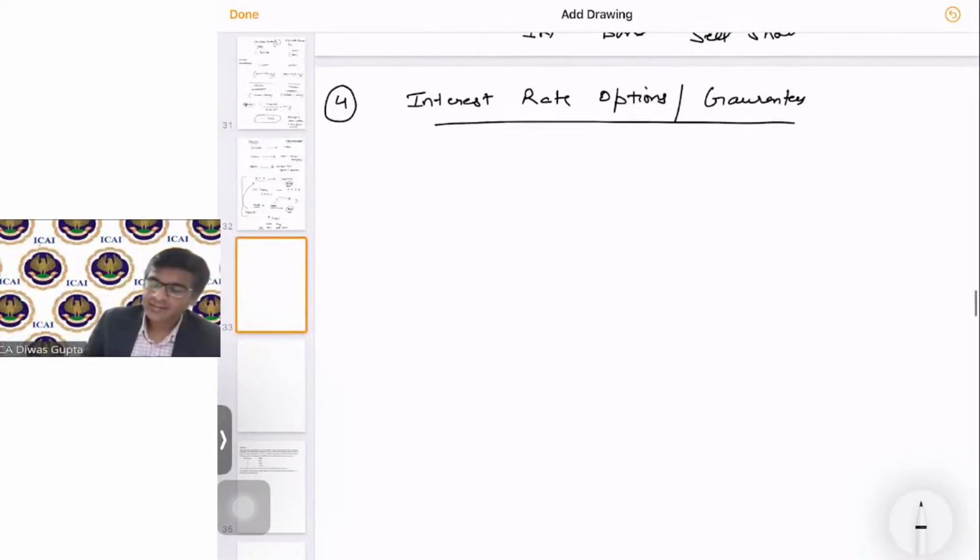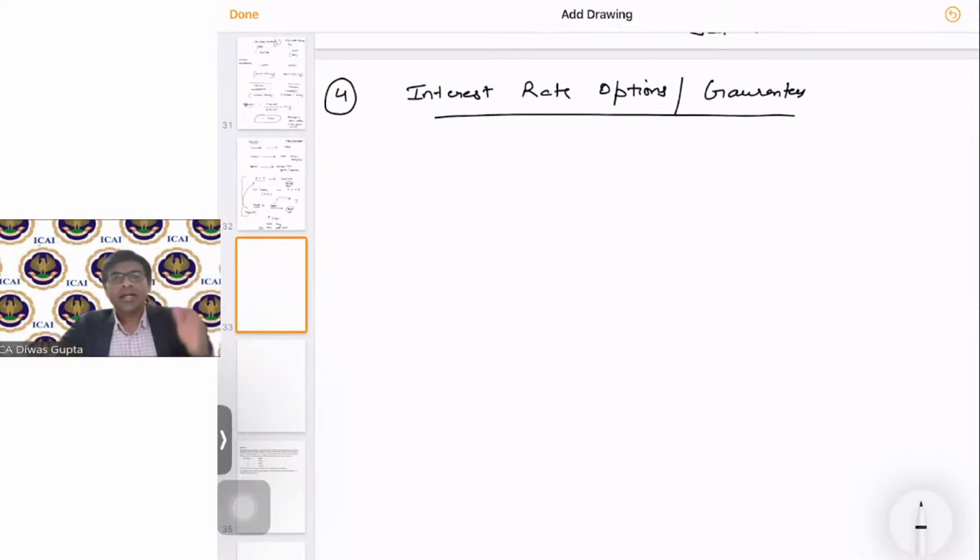Now to understand this, we are just trying to draw some similarity with what we studied in our derivatives topic. As I told you, forwards, futures and options, these three instruments we have studied there. So forwards is more likely the forward rate agreement that we have already studied.